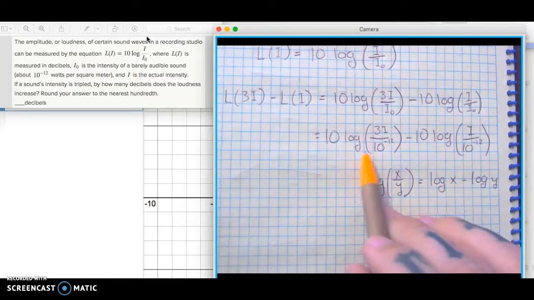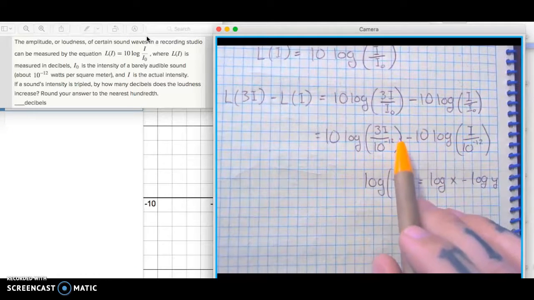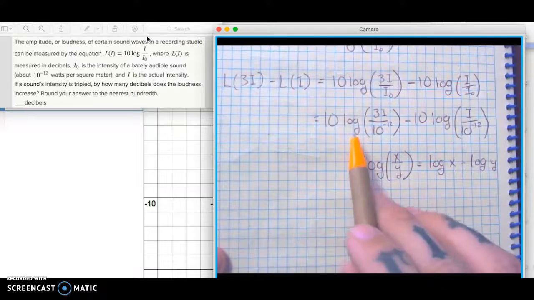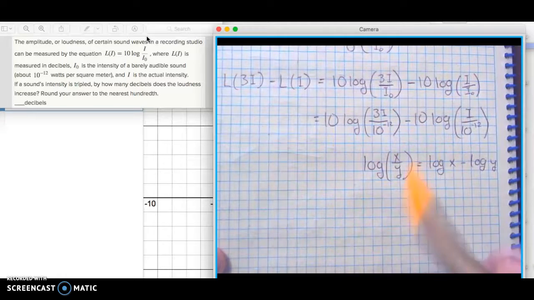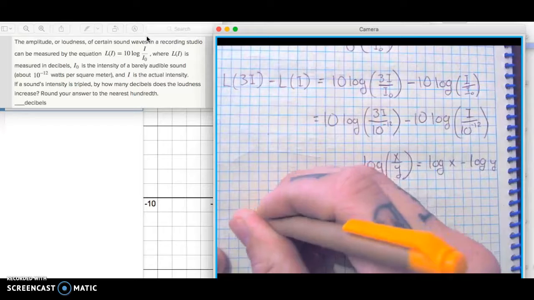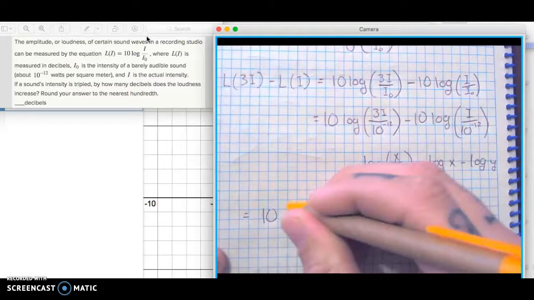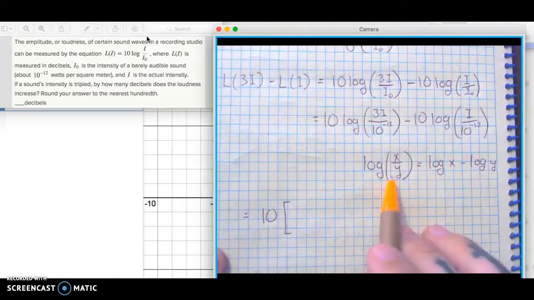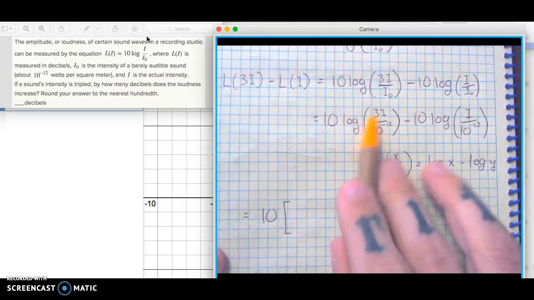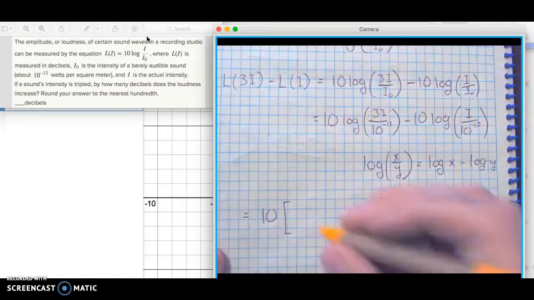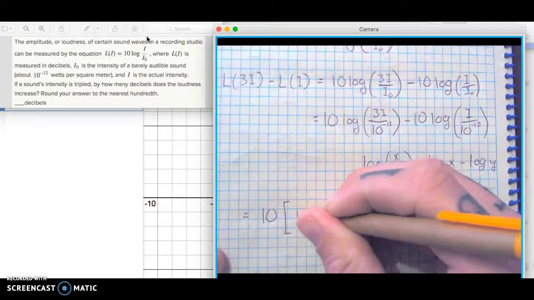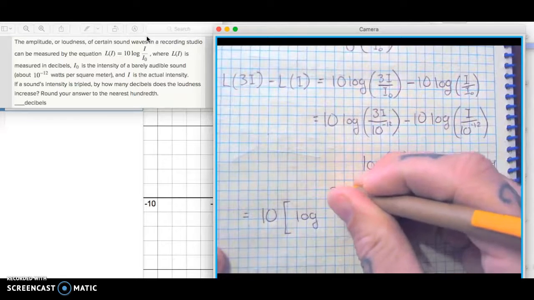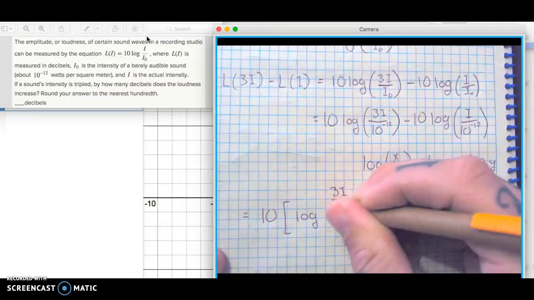So even though this looks all crazy with tons of letters and numbers, it's actually just this formula right here. So what we need to first do is factor out 10. So we're going to get 10 out of the way. I'm going to make some space here. And then we can use this property right here, and what we're going to do is take the quotient of this over this. So the logarithm, I'm going to have to make a large fraction here.